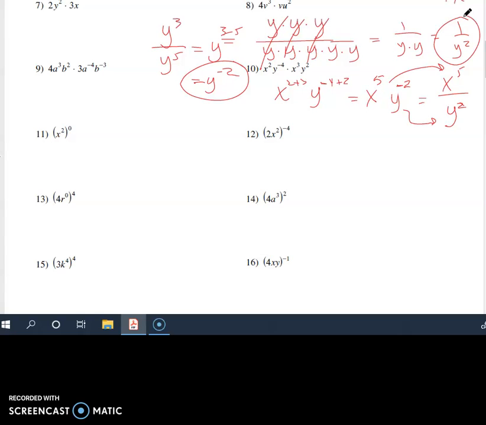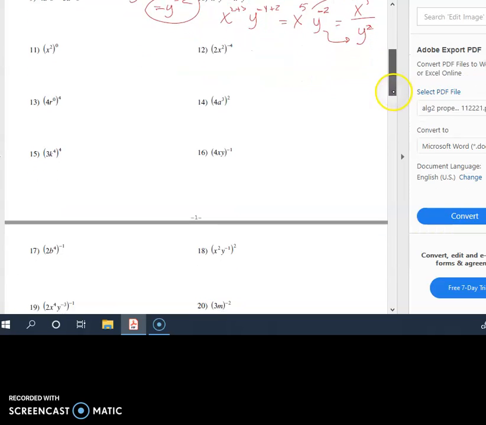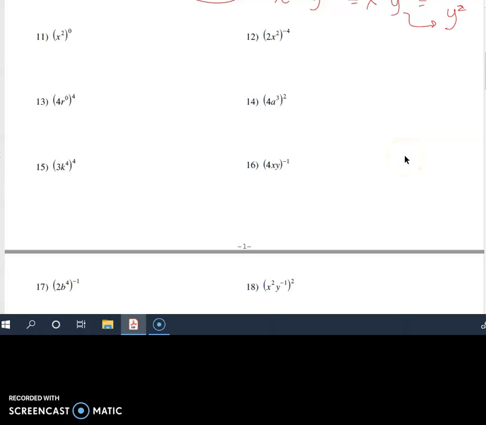Let's take a look at problem number 12, and then we'll look at also 14. So problem number 12, we're multiplying the exponent of both the 2 and the x by -4. So it's going to be 2 to the 1 times -4.